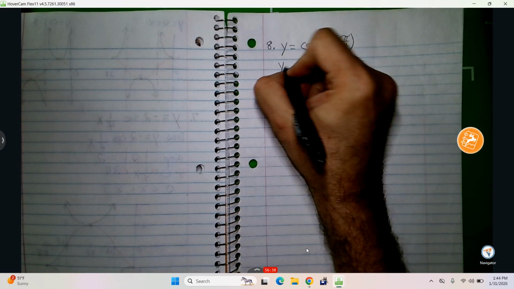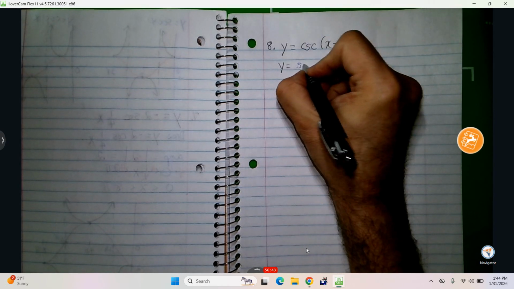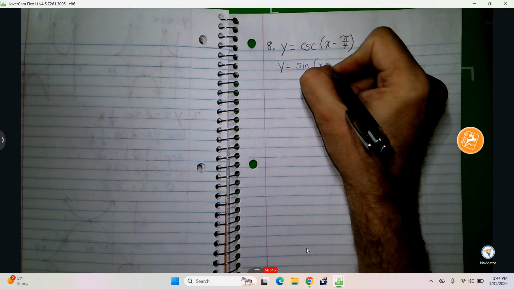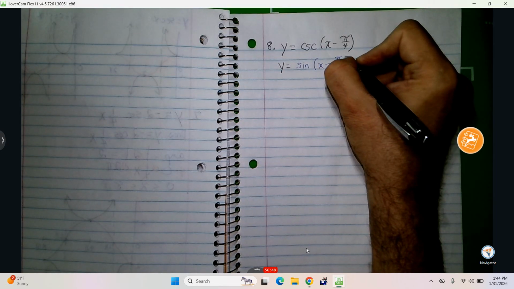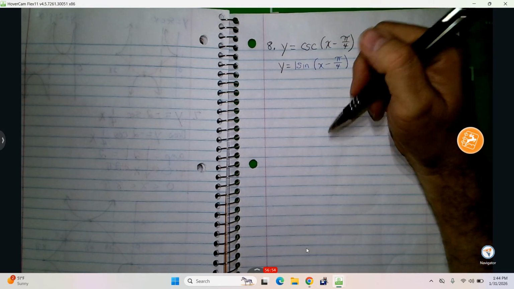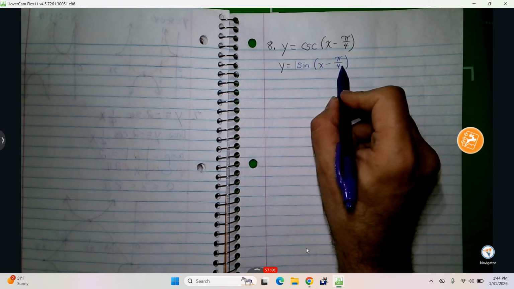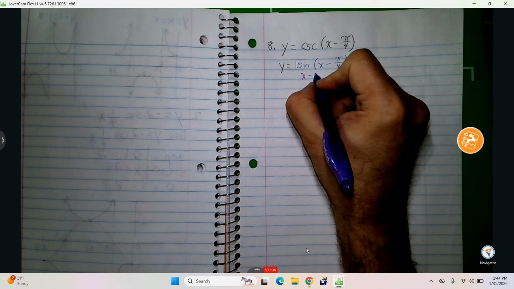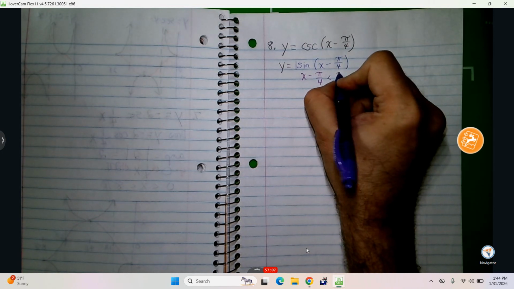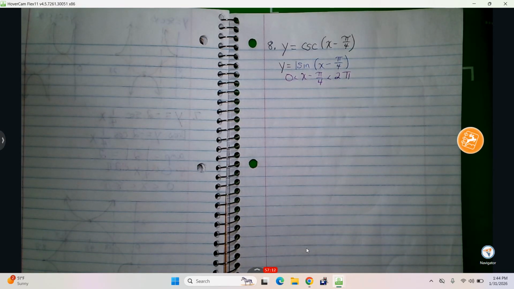And first thing we're going to graph is y. Oops, I meant to get my blue. Y equals sine x minus pi over 4. Well, the amplitude here is a 1. So it's going to be bouncing between 1 and -1. Now, where will the fundamental period start and stop? If you take the angle and set it between 0 and 2 pi, you're asking yourself, what values of x will make this go all the way around the unit circle?